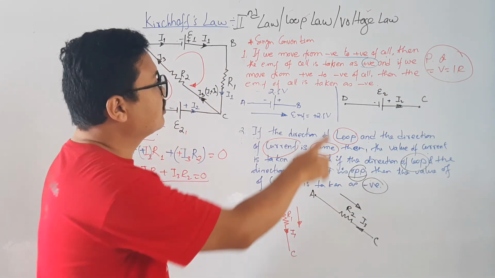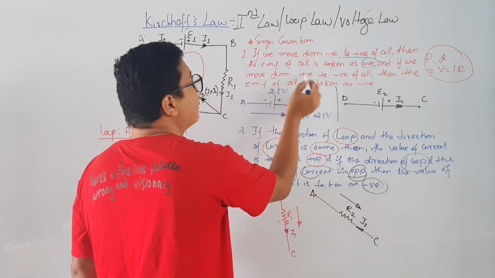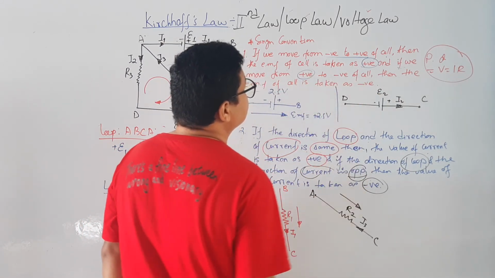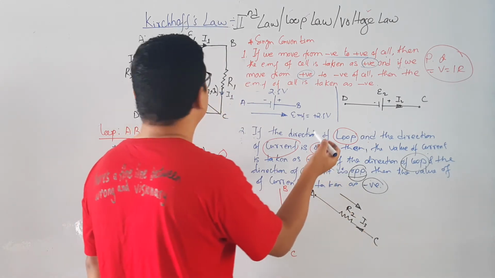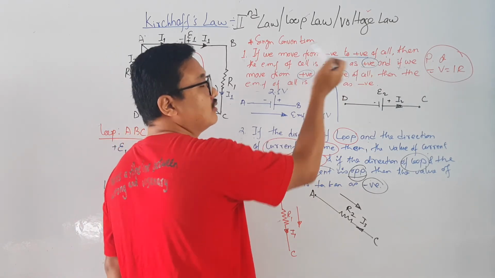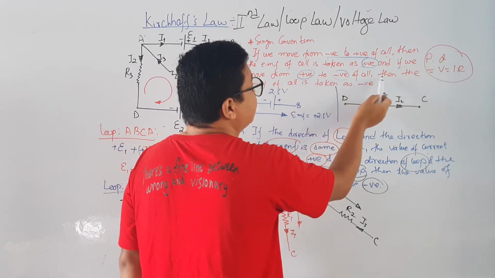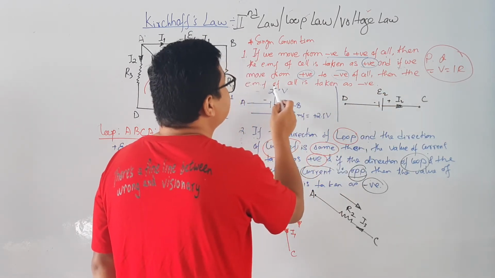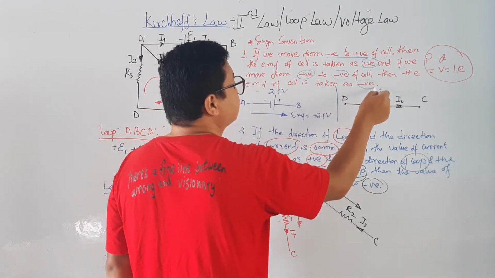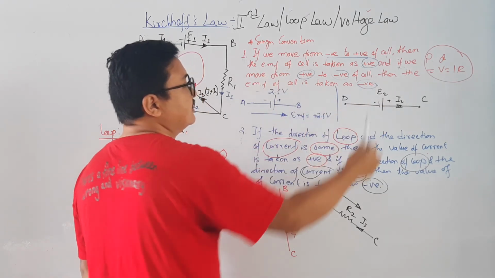So for EMF, if we move from positive to negative of a cell, the EMF of the cell is taken as negative. If we go from positive to negative, then the value of EMF is negative.